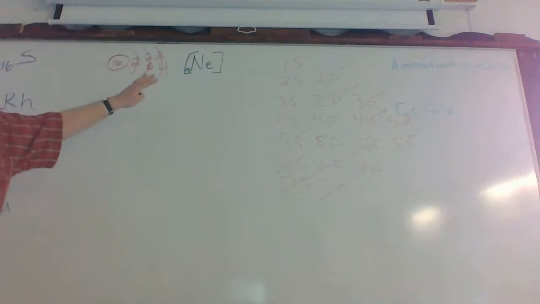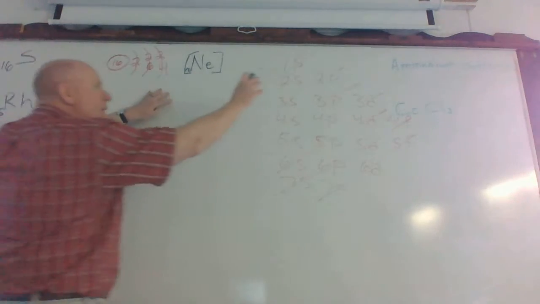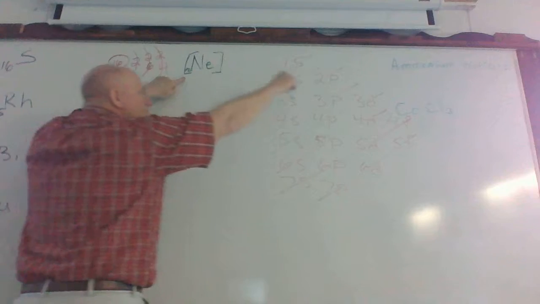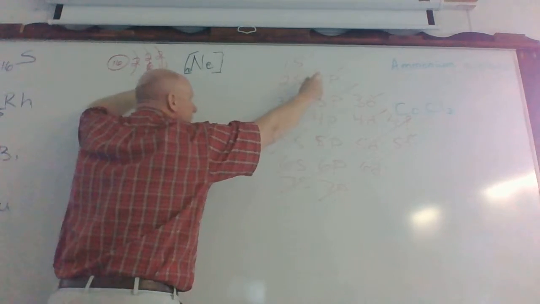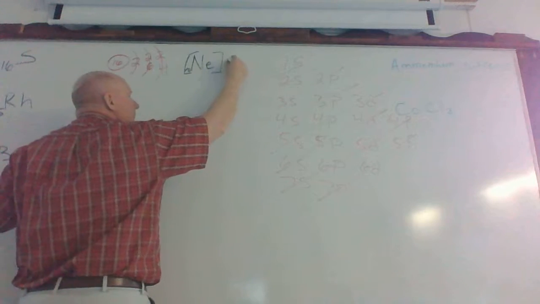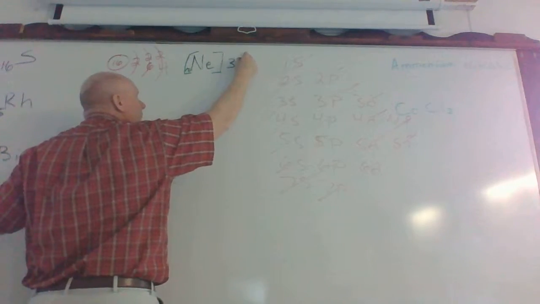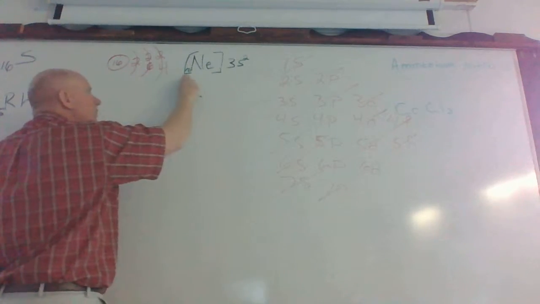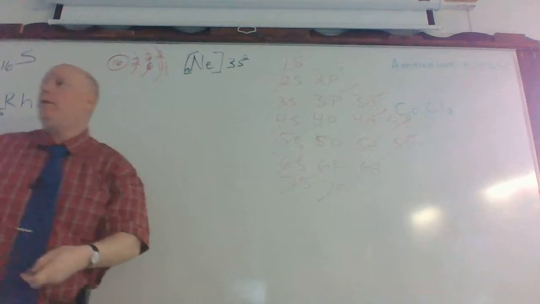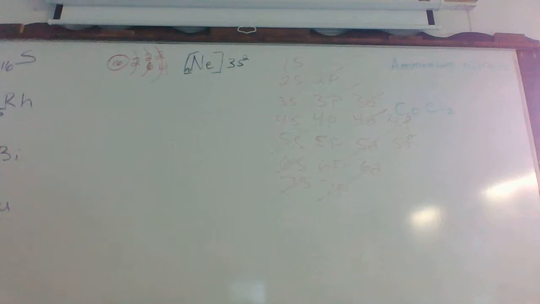Okay, so that means we're already up to here. So we're already up to number 10. What comes after 2p6? What does this tell you? Okay, so now we're up to 12. 10 and 2. So now you go back to your periodic table.